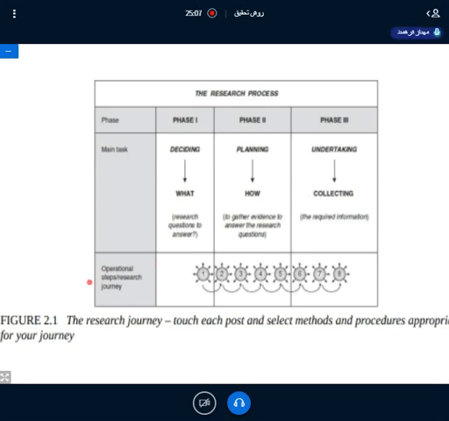And you can see the operational steps of the research journey here. 1, 2, 3, 4, 5, 6, 7, 8 is in the last phase. So the first step is in phase 1, steps 2, 3, 4, 5 in phase 2, and 6, 7, 8 in phase 3.